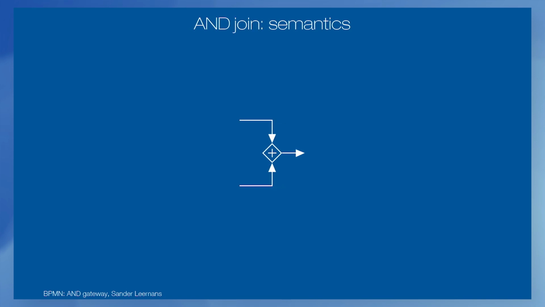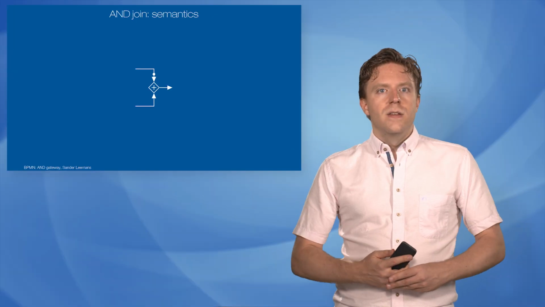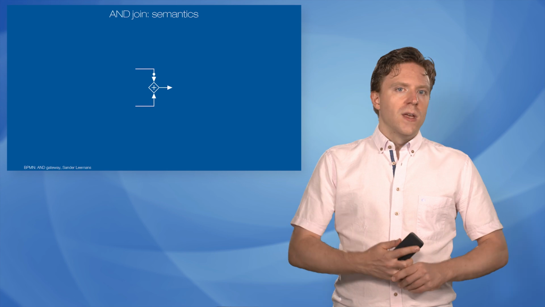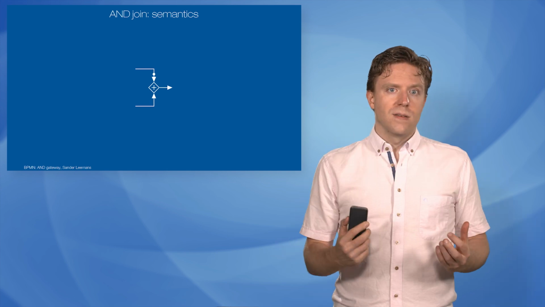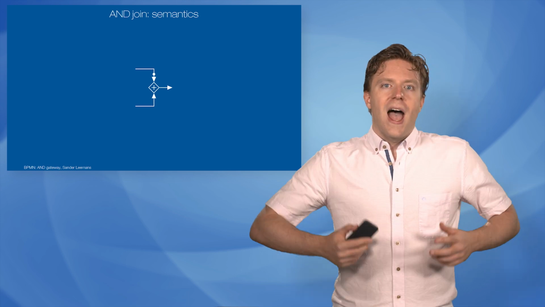How about the join? Here we have an AND join gateway, and let's see what it does using tokens. If a token arrives at the AND join gateway, then the AND join gateway will wait. It will wait until all of its incoming sequence flows have a token.